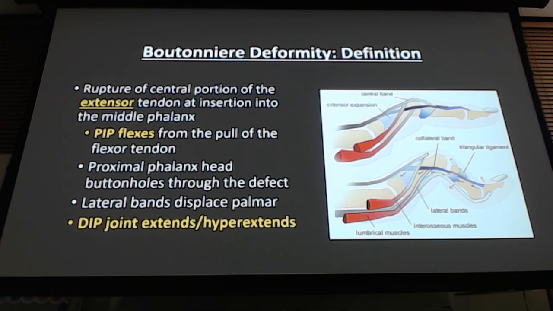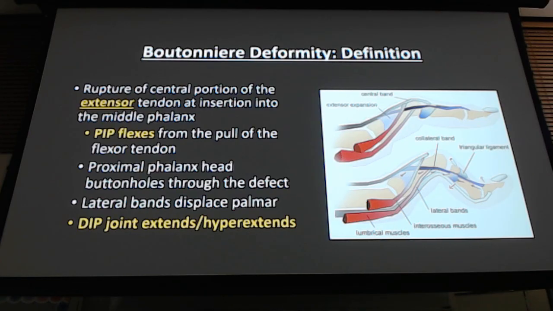Basically you have that flexion because of the pull of the flexor tendon itself, and that's where you have the buttonhole. Did everybody see the buttonhole in here? See how the button is the aspect there of the bone? It goes up and through. It's as if you're putting the button into the shirt hole. Make sense? You're welcome.